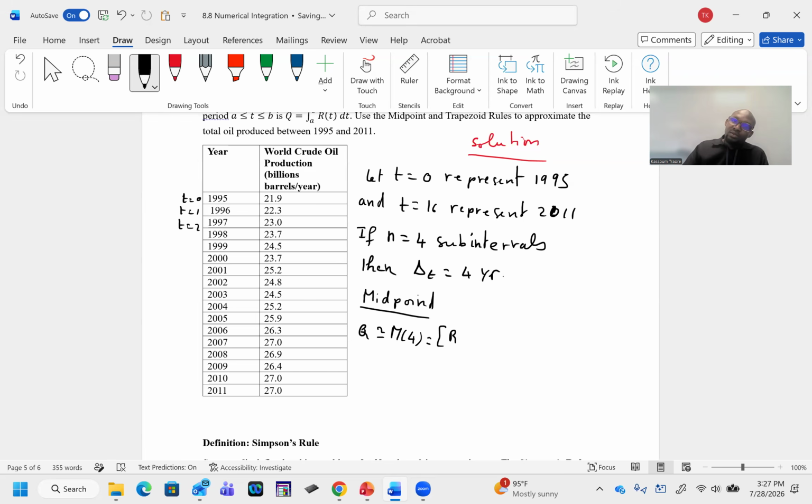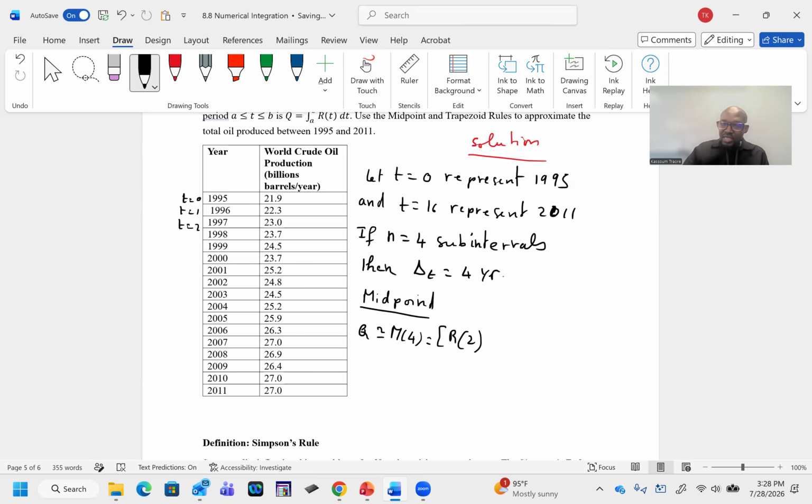M of 4 is 4 intervals. So the midpoint of the first interval, from 0 to 4, is 0 plus 4 is 4, divided by 2, it will be 2. So R of 2. Does that make sense to you?